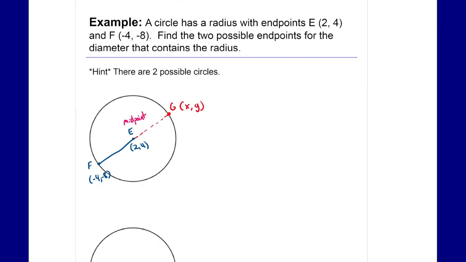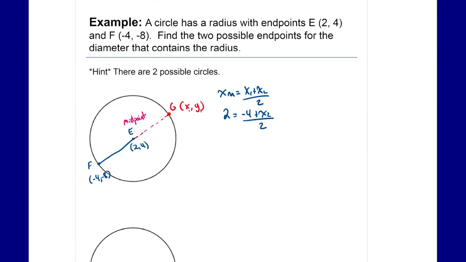So in this case, very similar to the last example, we are finding the coordinates for the other endpoint. We could do it two different ways, but we'll do it algebraically. The midpoint value is x1 plus x2 divided by 2, so 2 is equal to -4 plus x2 divided by 2.